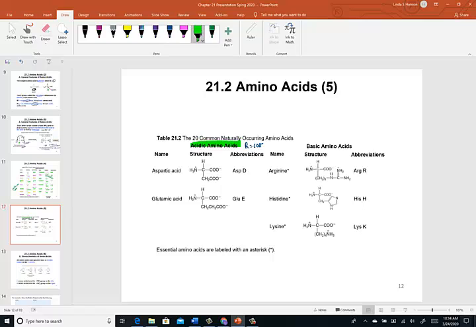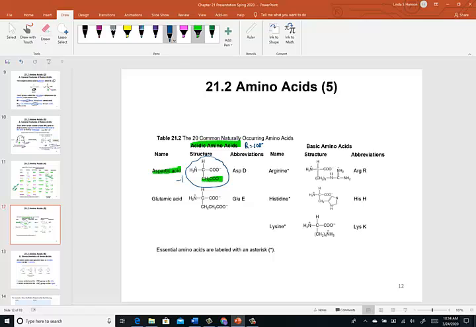So for example, aspartic acid is one of the 20 amino acids. It contains an additional carboxylic acid functional group, CH2COO negative. I want you to notice that now the structure is not electrically neutral at the pH range of around 7. Instead, it's going to have a net -1 charge.